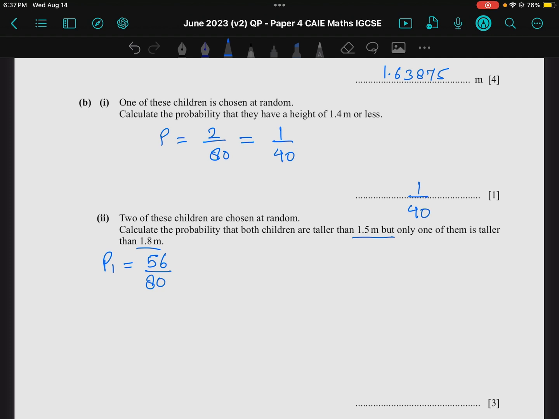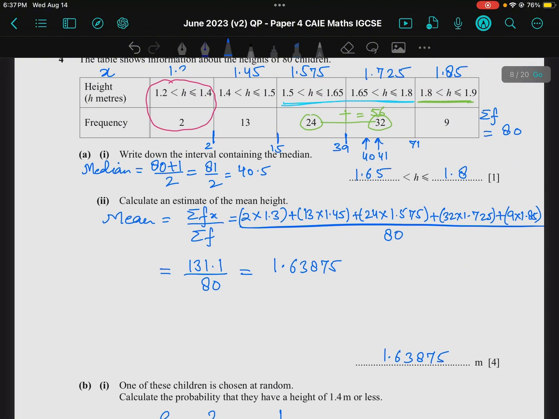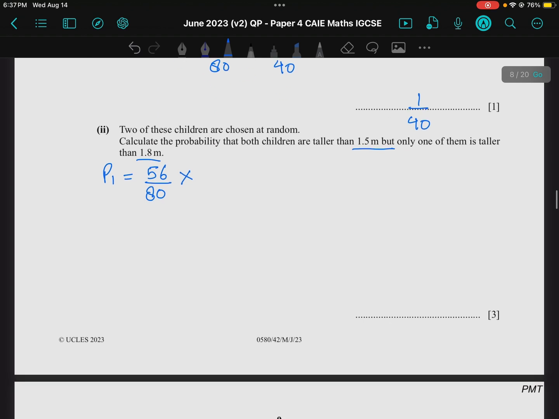When you have selected the first child and then you have to select the second child, for and it is multiplication. For second child, what is the probability? Total children more than 1.8 meter is 9, so it is 9, and one child is already selected, so total is 79. Now the second case, what if you select the tall child first, then tall child 9 out of 80, then the short child, that means 56 divided by 79.